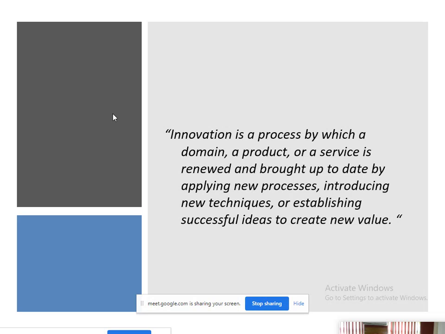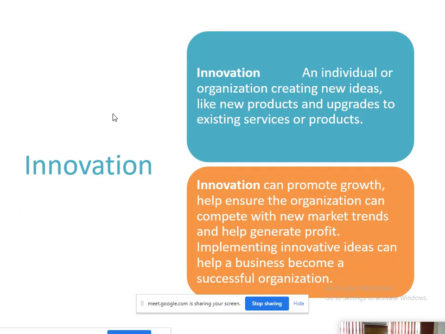So innovation is a process by which a domain, a product, or a service is renewed and brought up to date by applying new processes. Okay, so we have understood what innovation is.